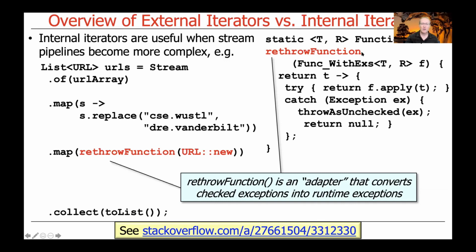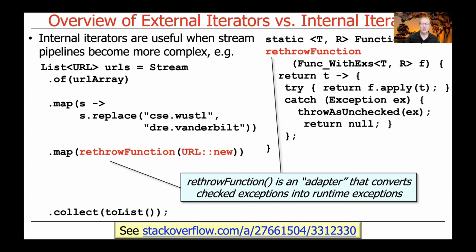And what this Rethrow function adapter does is it takes in a parameter that will throw an exception but has a function signature to it, where you have a parameter type and a return value, one parameter, one return value, of course.